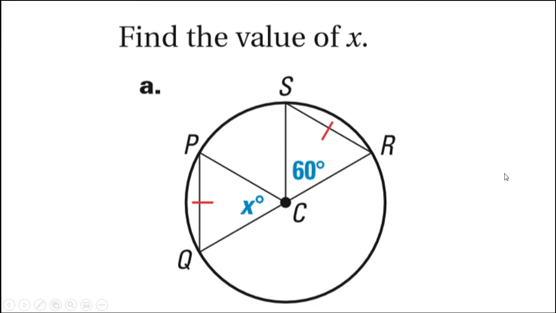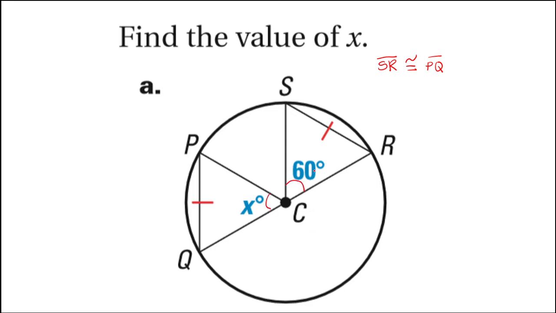Say, find the value of x. According to the given figure, chord SR is congruent to chord... anong kakongruent niya? Chord PQ. So, paano natin nasabing congruent siya? Ito yung markings natin. Pag pareho ang markings nila, ibig sabihin congruent sila. So, chord SR is congruent to chord PQ. If that's the case, yung central angle nila, congruent din.